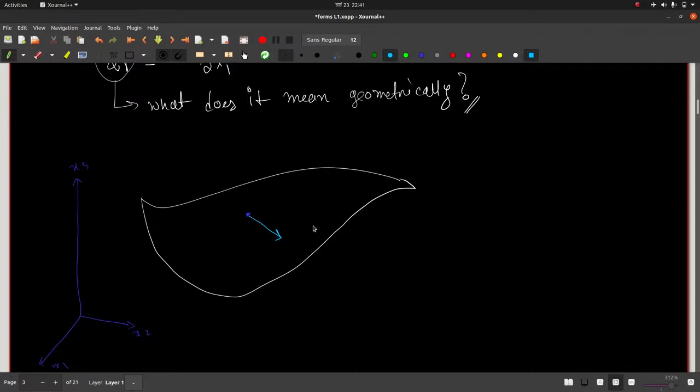So at this point you can draw a tangent space like this, and what this differential form tells you is the direction you want to move, that means the choice of the direction vector over here, this blue line, the vector along which you want to measure the rate of change.